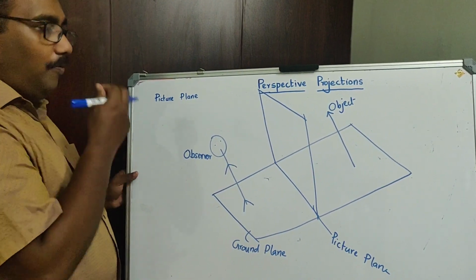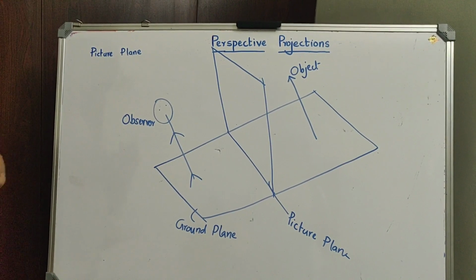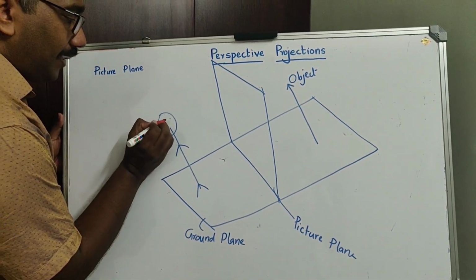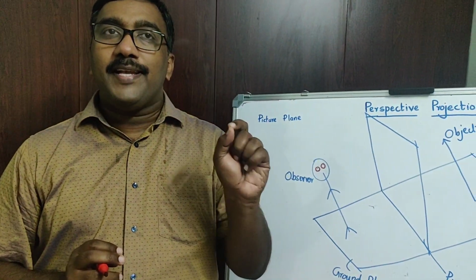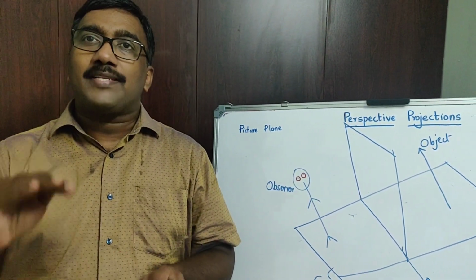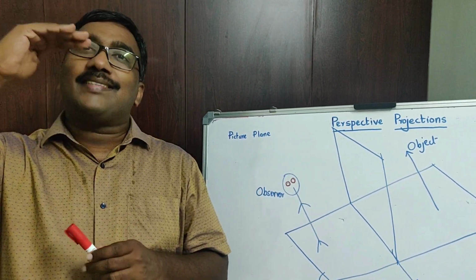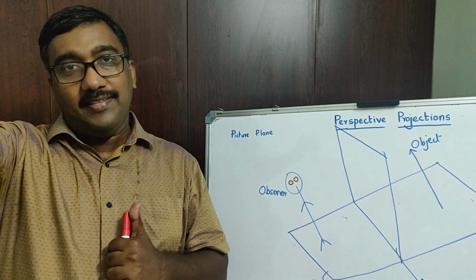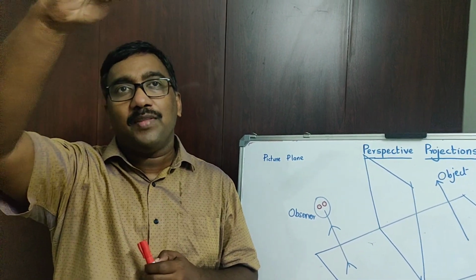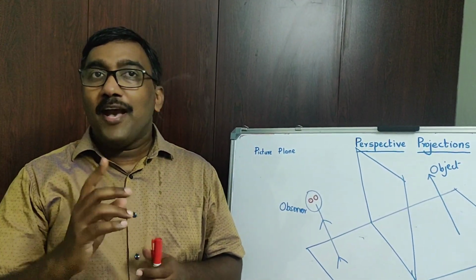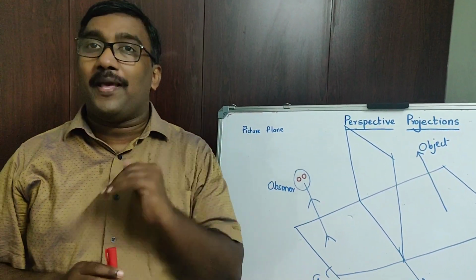Okay. Now we will have one important thing, that is the eye of the observer, because the eye is having an important role. When you go to the seashore, assume that you are standing. When you are looking at the extreme end of the sea, there will be a meeting line of the sky and the sea. That we are calling as horizon. Similar to that, there is a horizon plane.